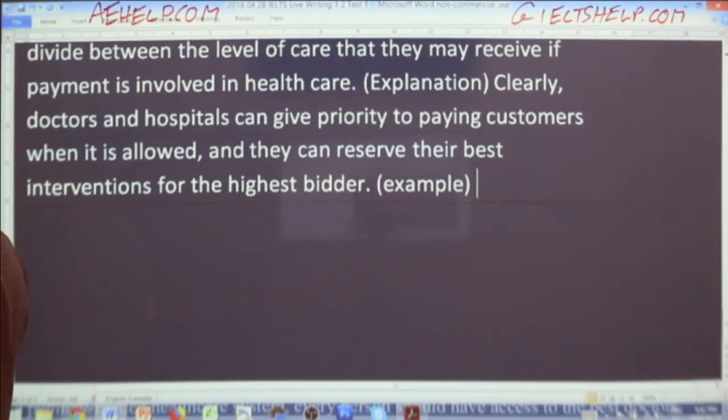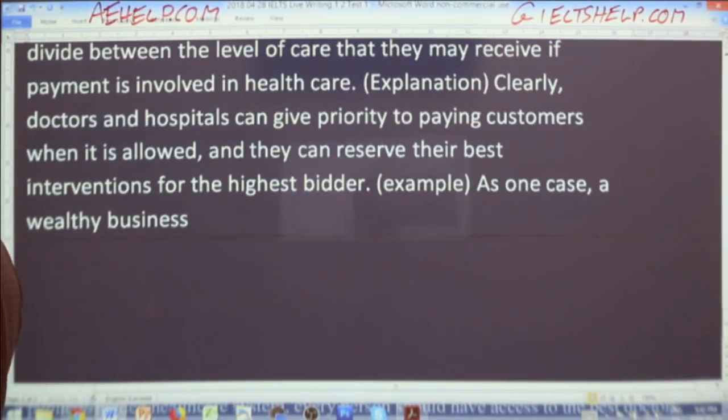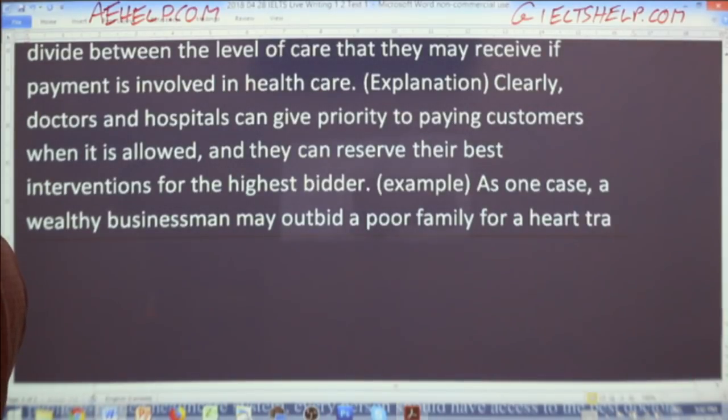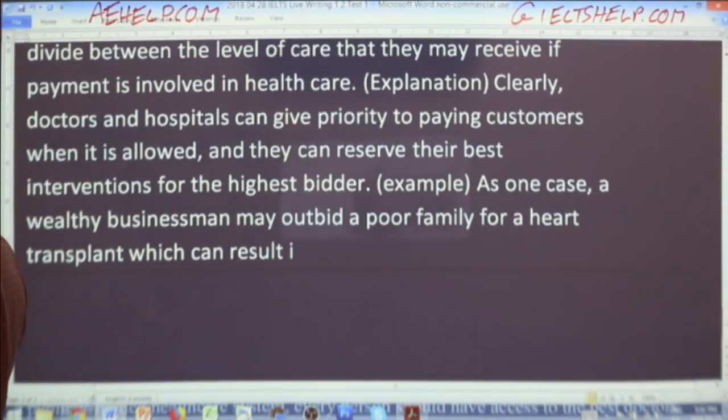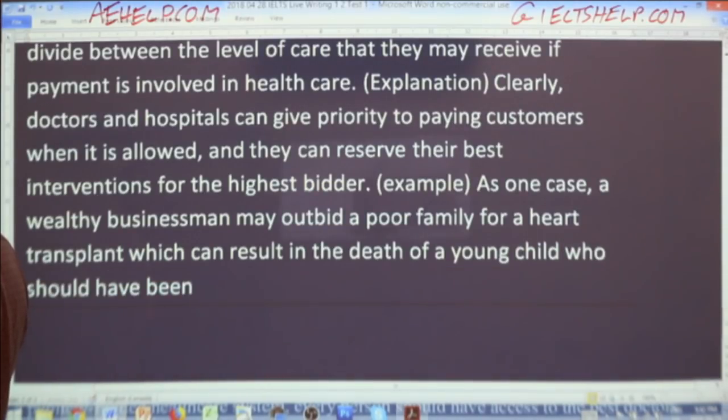So as one case, a wealthy businessman may outbid a poor family for a heart transplant, which can result in the death of a young child who should have been treated first, or who should have had first priority.